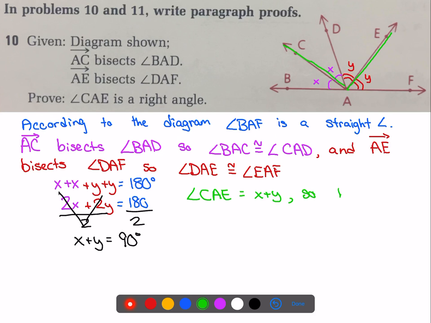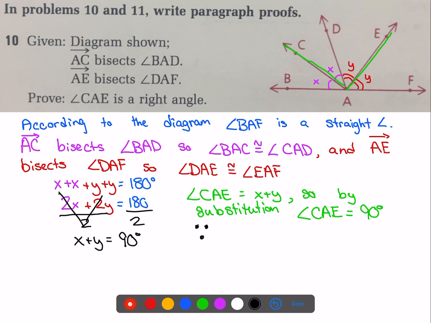So by substitution, angle CAE is equal to 90 degrees. So again, we see x plus y equals 90. And if I look at CAE, it's angle x and angle y combined. So if I substitute that x plus y equals 90 in for angle CAE, I get angle CAE is 90 degrees.